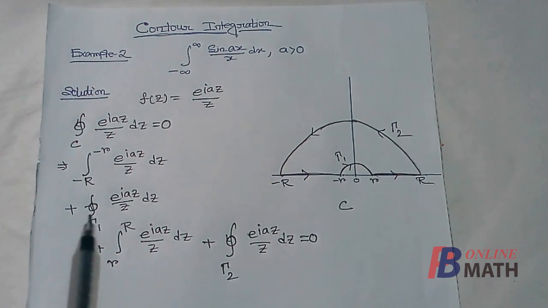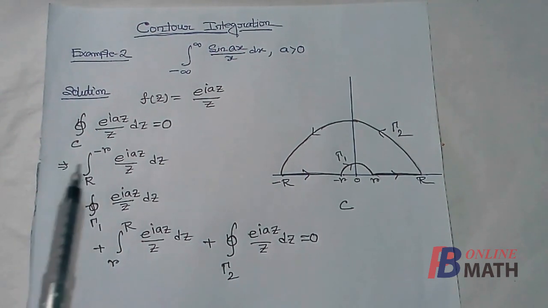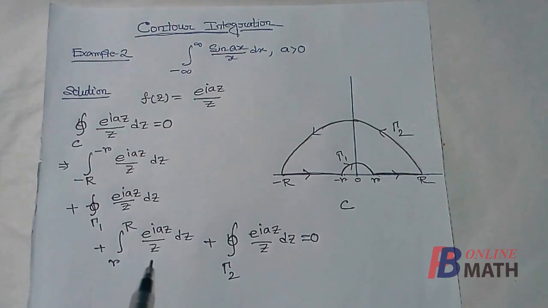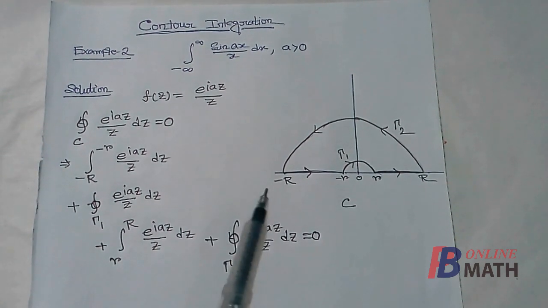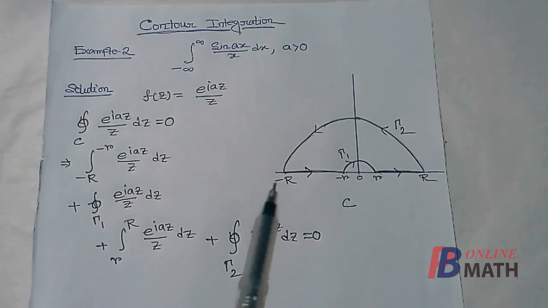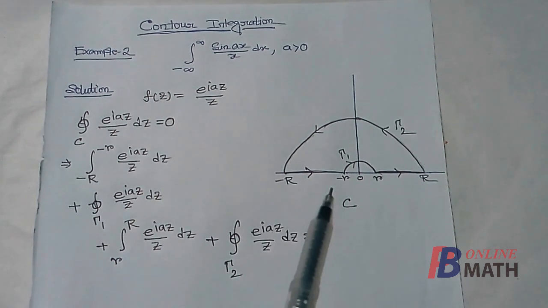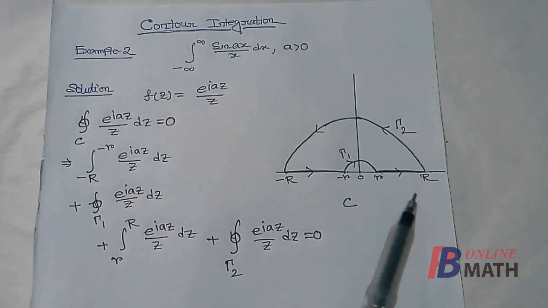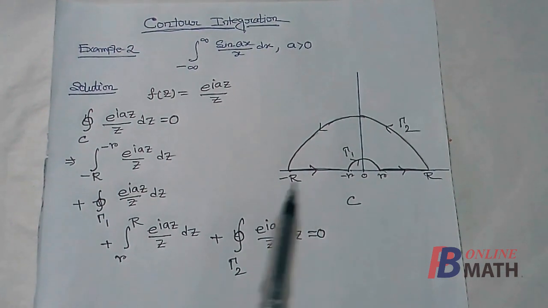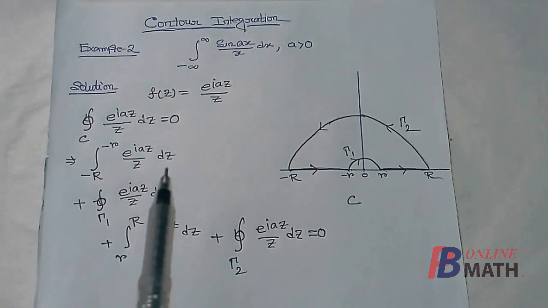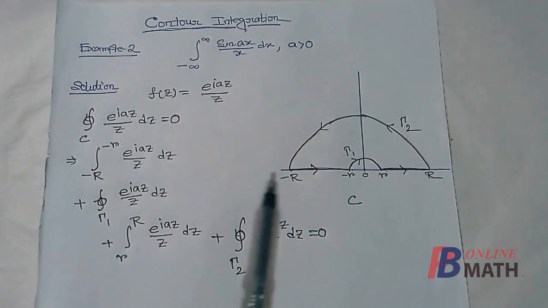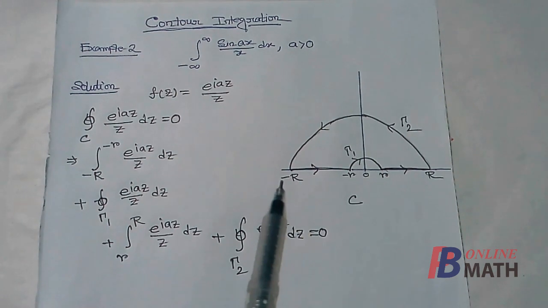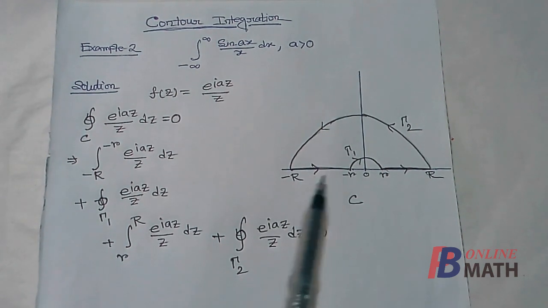Now if we look carefully, you shall find that the first integral and the third integral are done along the real axis, from minus capital R to minus small r and from small r to capital R. So along this path we may replace z by x, because z equal to x plus iy, and we know that the equation of the real axis is y equal to 0.